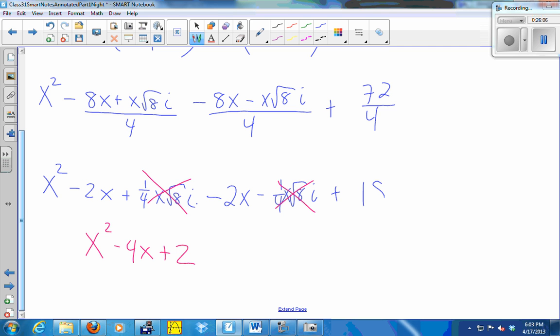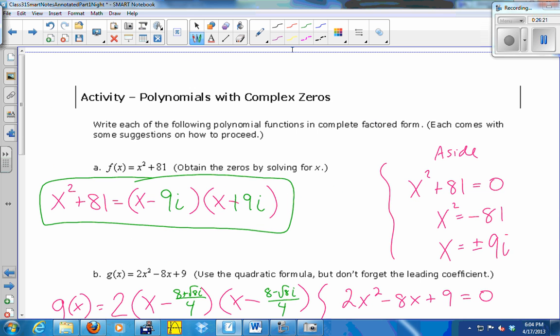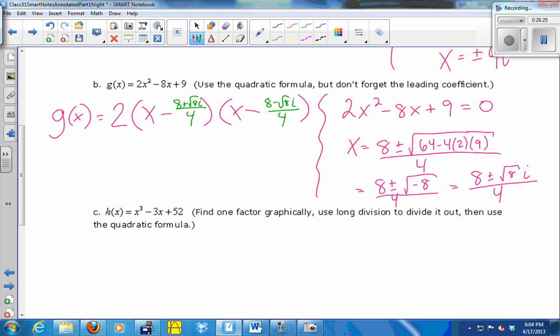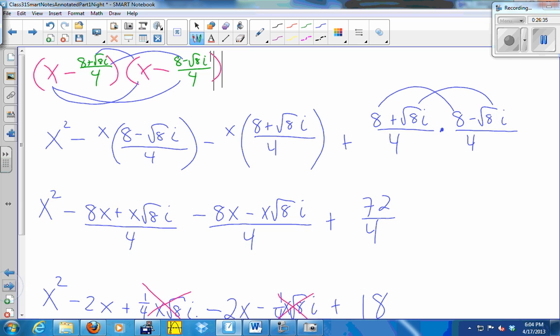Yeah, 18. That's still not right, because the 2x should be... I should get 4.5. I'm hoping that would come out to 4.5.